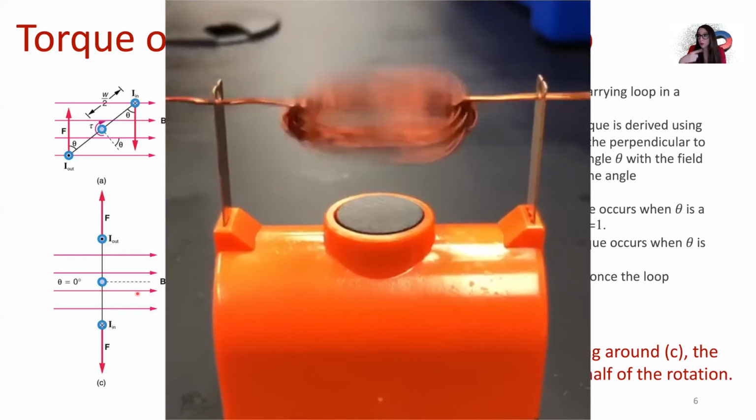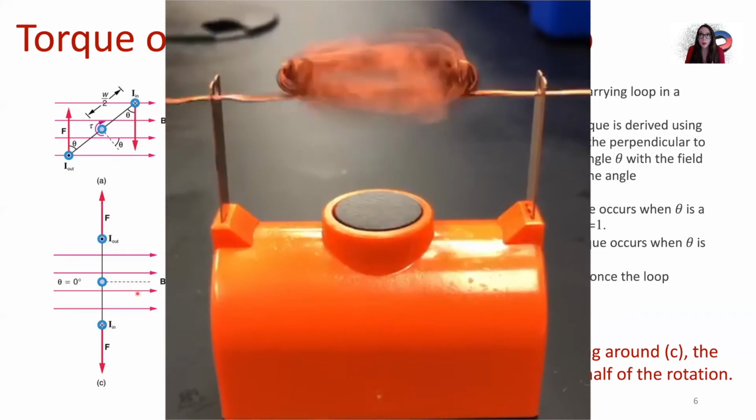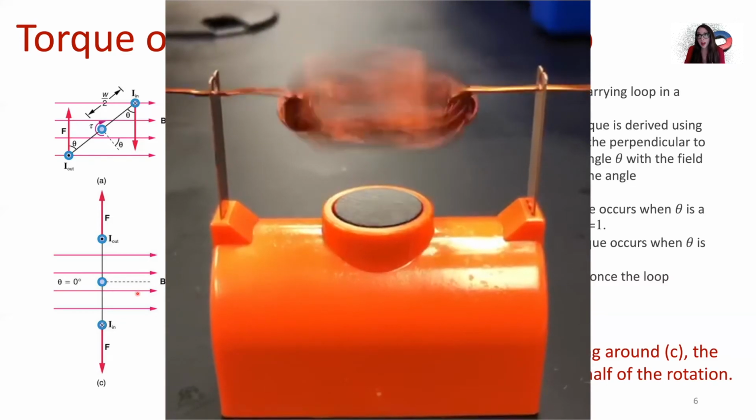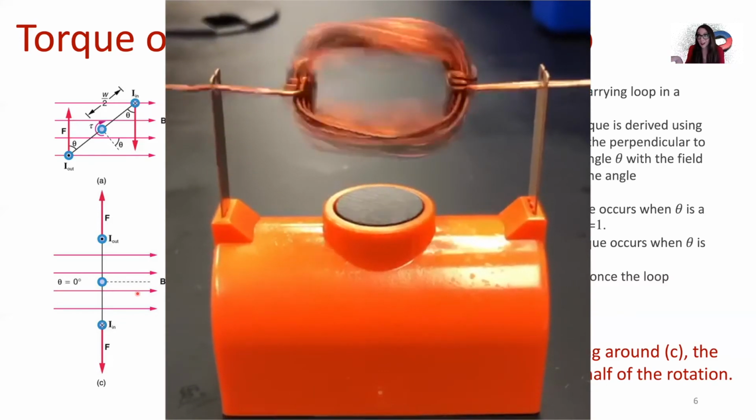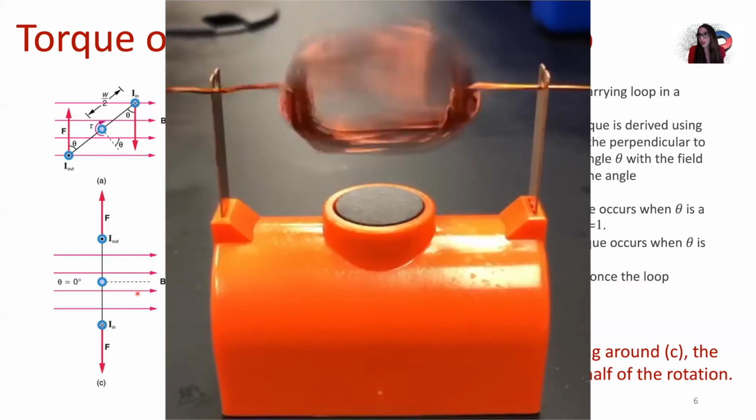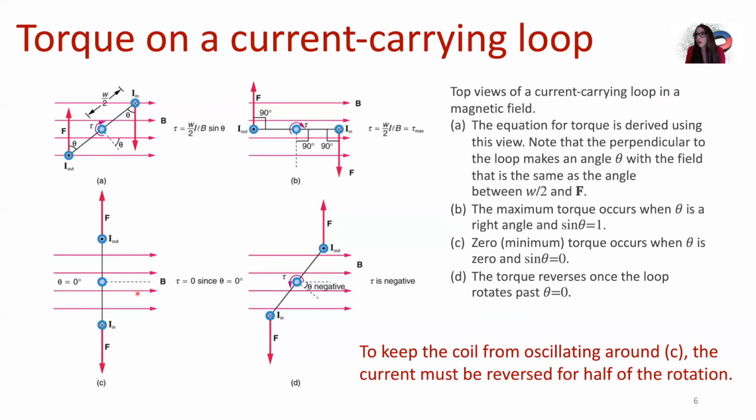But our loop already has some momentum from the torque that it had on it whenever the arms of the armature were touching the posts. So what we're doing is essentially turning off the current through the loop during half of its rotation. And that's how we can bypass this idea that if we keep the current running in the same direction in this loop, we're going to get oscillating motion.